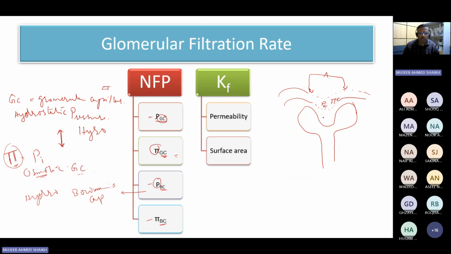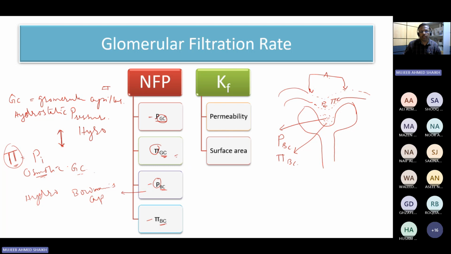Then you will have fluid accumulated here, in the Bowman's capsule. So in this Bowman's capsule, you will also have hydrostatic pressure. And maybe because of protein, there can be osmotic pressure; I will tell you the value for pi BC.